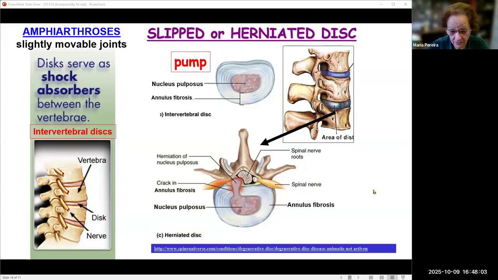But unfortunately, that's not it. Also, just think, if it were viscous, it would be harder for it to be released when there's pressure applied to it, right? So the height of the intervertebral disc changes depending on the pressure.